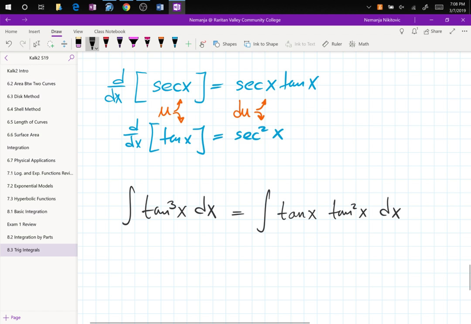Now, why would I peel tangent squared? Tangent squared is going to be converted into secant squared using the Pythagorean formula. So, further, this is tangent x times, and the Pythagorean formula is 1 minus secant squared x, and then you have dx.